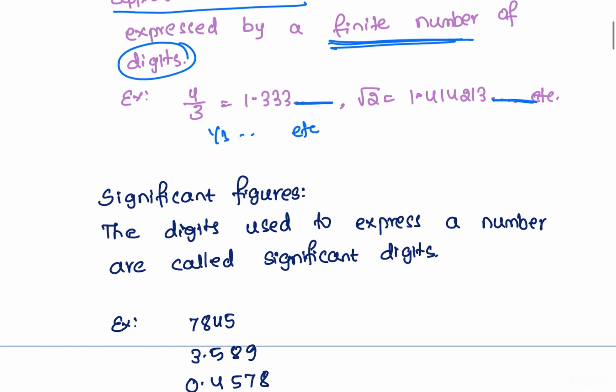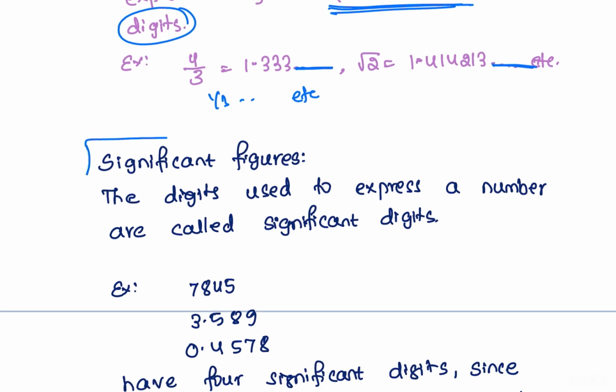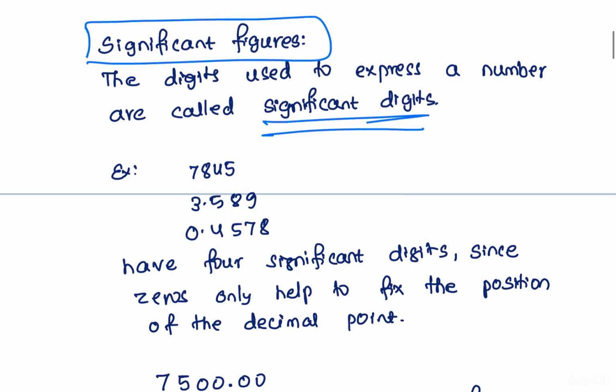Now we have to see what significant digits are. The digits used to express a number are called significant digits. For example, 7845 involves 4 significant digits. In 3.589 we also have 4 significant digits.